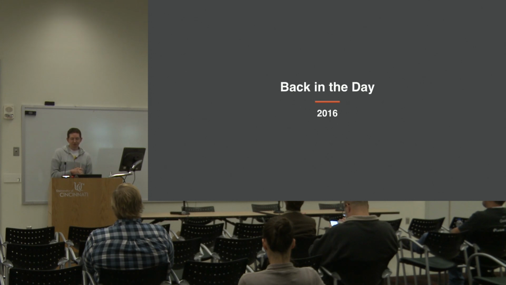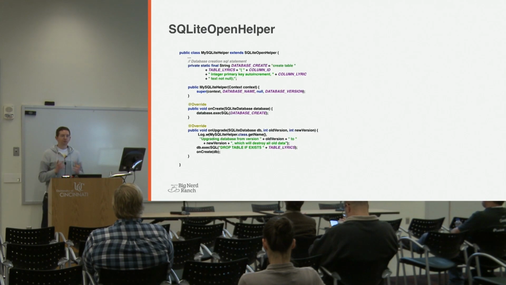All right, so let's talk about back in the day. Back in the day was actually not that long ago, pre-2017. We had three main helpers, first-party support, for working with databases on Android.